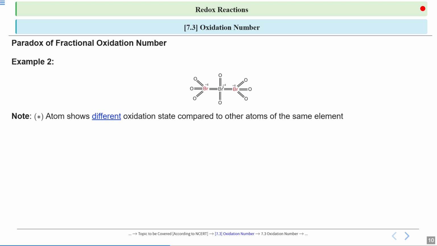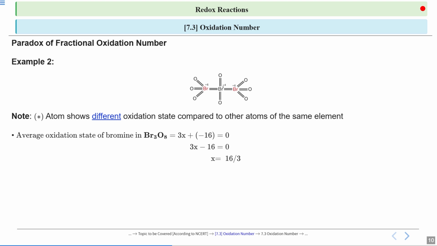Br3O8. That means the average oxidation state of bromine would be 3x plus 8 multiplied by -2, that means -16. So 3x plus -16 equals 0. Then x would be 16/3.